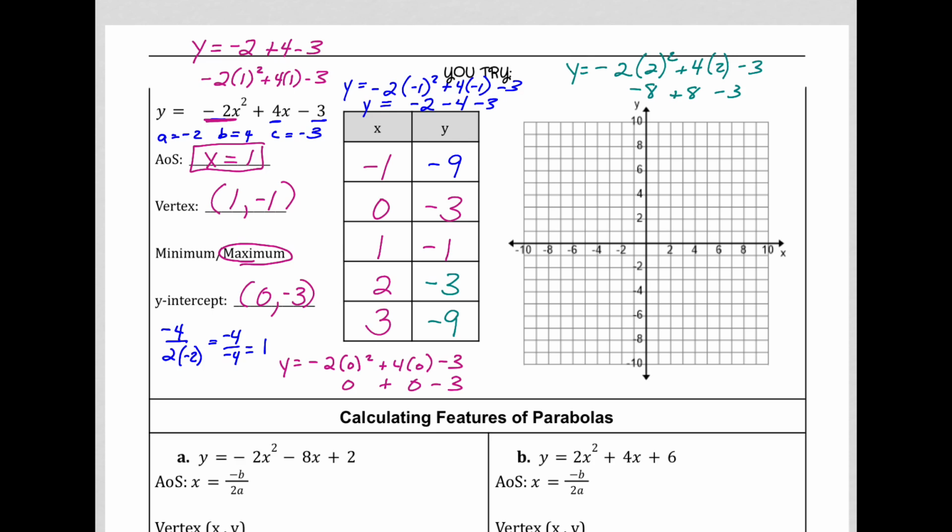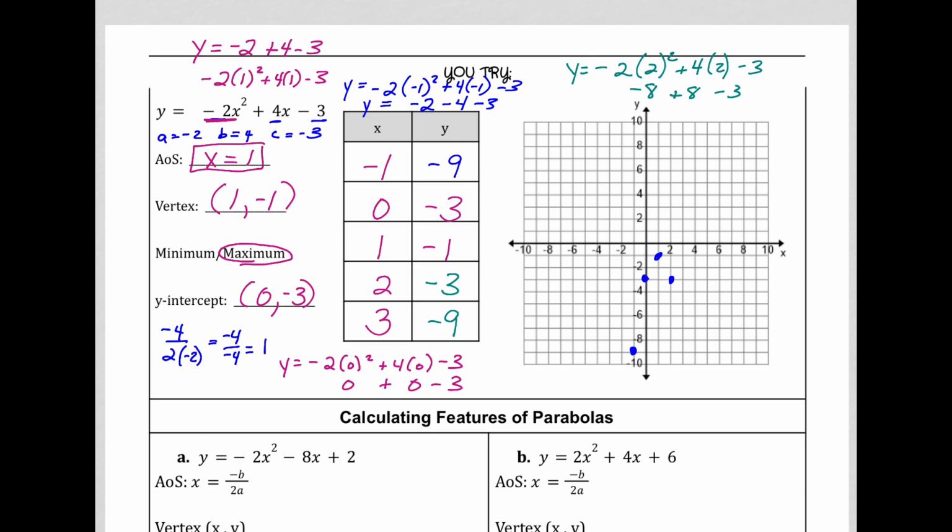So let's take a look. So we're going to graph all these points. So we have negative 1, negative 9. Be careful with this one just because the numbers are kind of in the way there. We have 0, negative 3, 1, negative 1, 2, negative 3, and 3, negative 9.